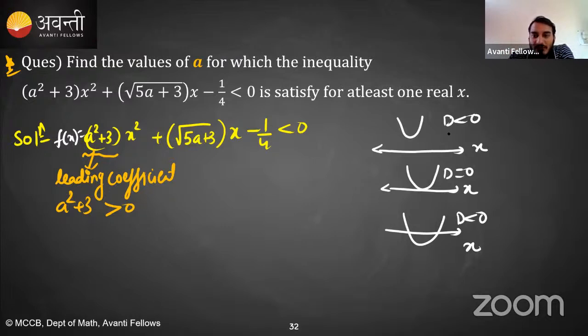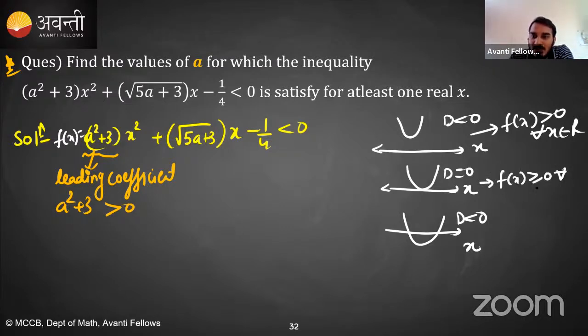If D is less than 0, then f of x is always positive, no matter what x is. And if D is equal to 0, then f of x is greater than or equal to 0 for all x belonging to R. There is no x for which I am getting a negative value of f of x.